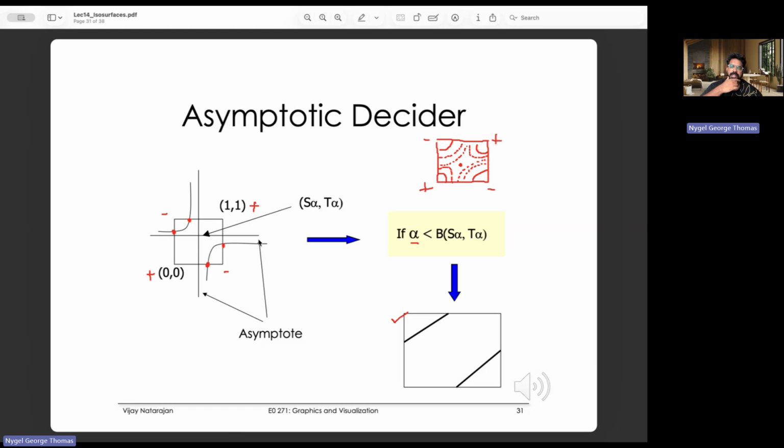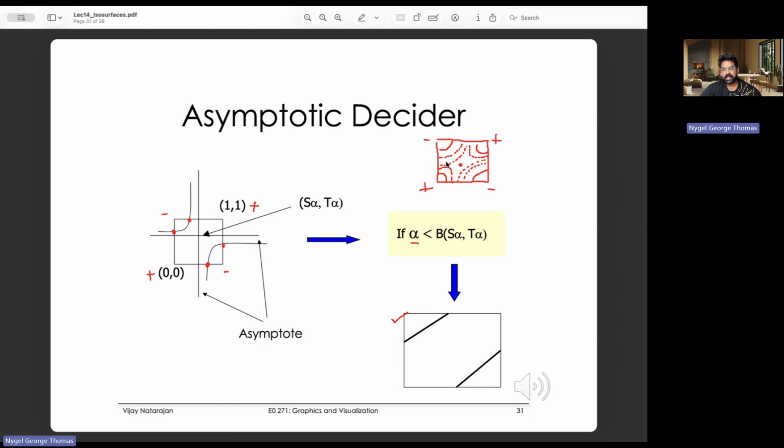So how the hyperbolas actually vary: we take an alpha value which is between the minus value and the plus value, greater than the minus value and less than the plus value.